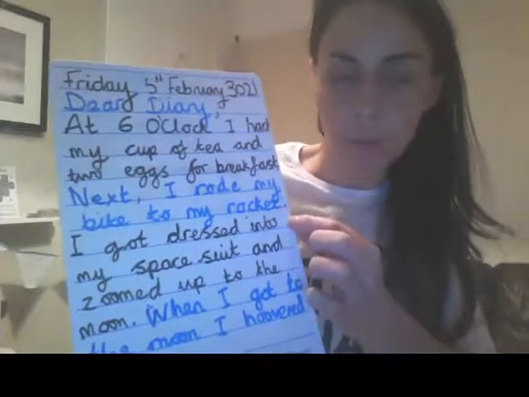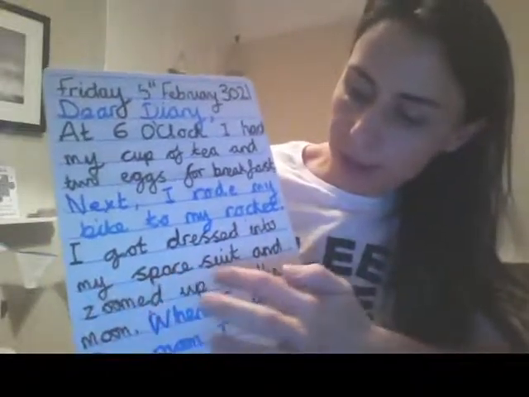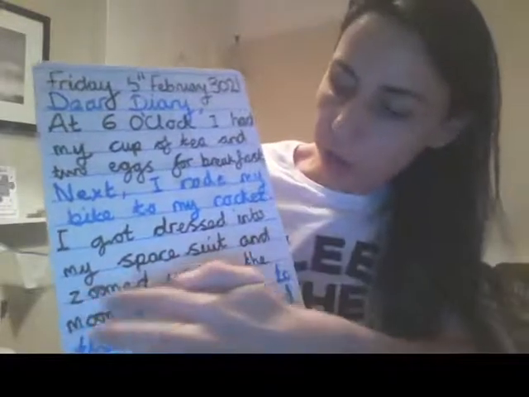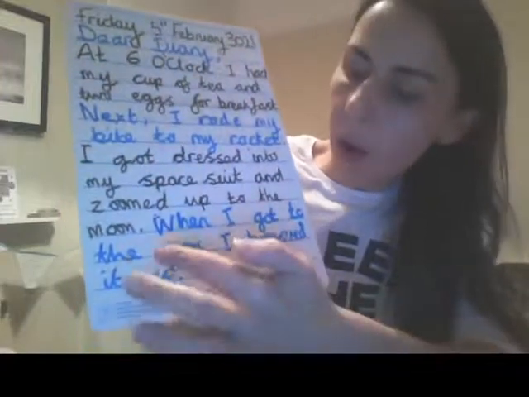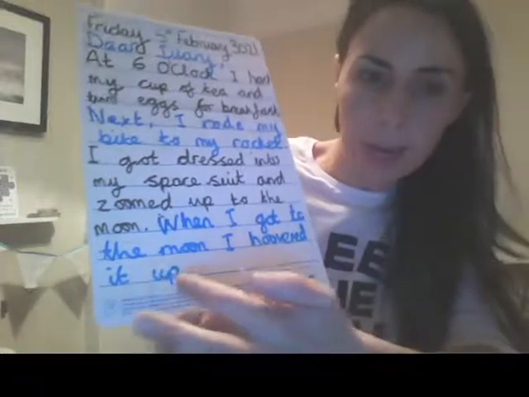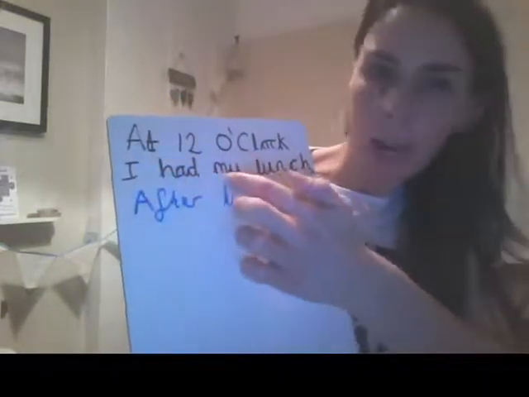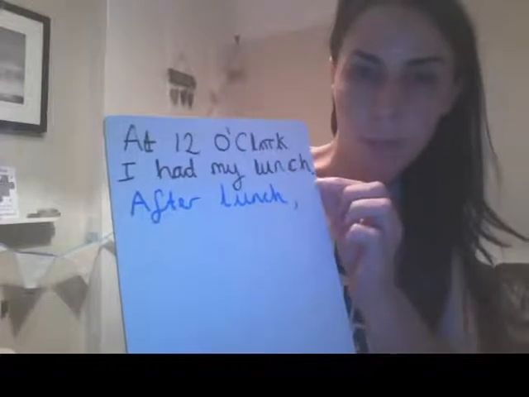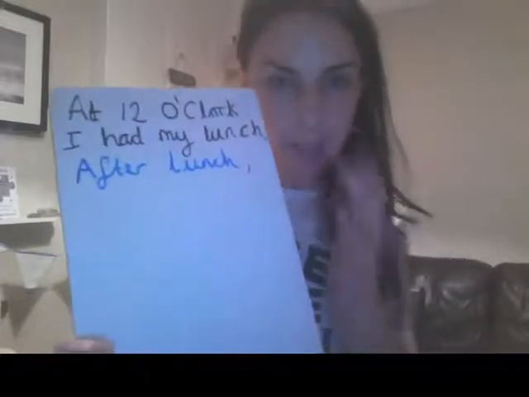Full stop. I got dressed into my spacesuit and zoomed up to the moon. Full stop. When I got to the moon, I hoovered it up. So full stop. So we start our next sentence with a capital. At 12 o'clock, I had my lunch. Full stop. After lunch, I haven't written the rest yet as Bob.